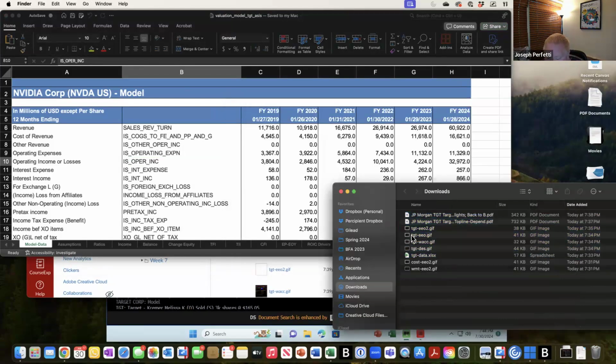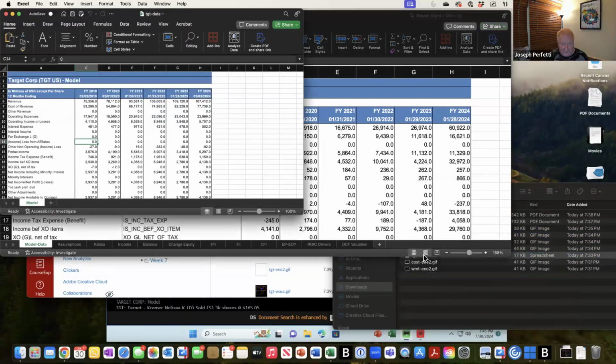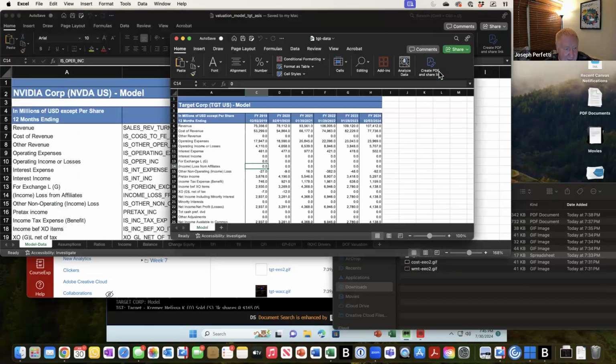All right. I'm going to give you a file, and I'm going to call it company or ticker, so TGT data. That file, which I just exported, is 6 years of the most recent historical data for, in this case, Target. Okay. That matches this worksheet.